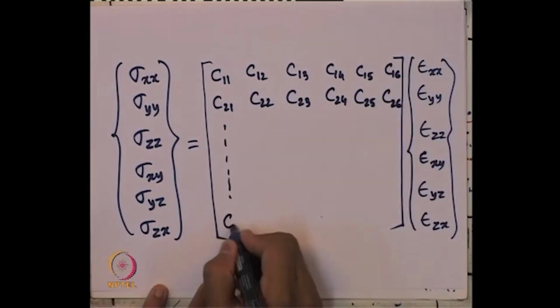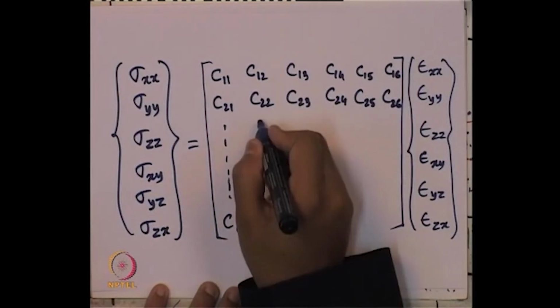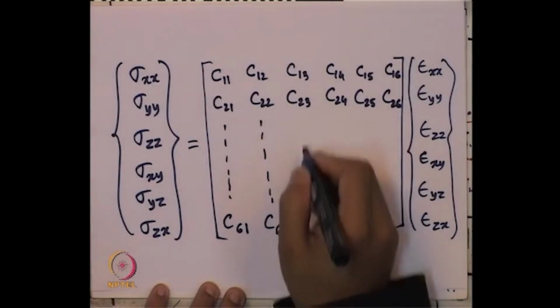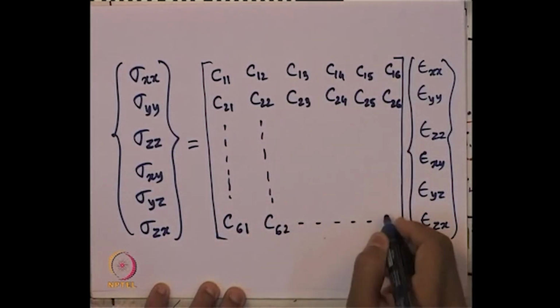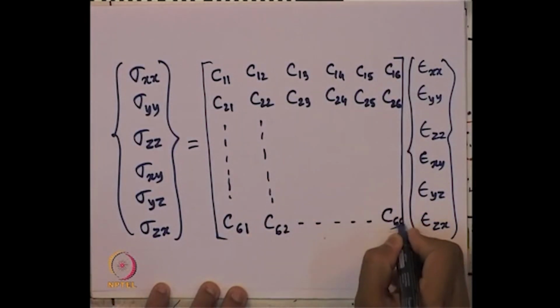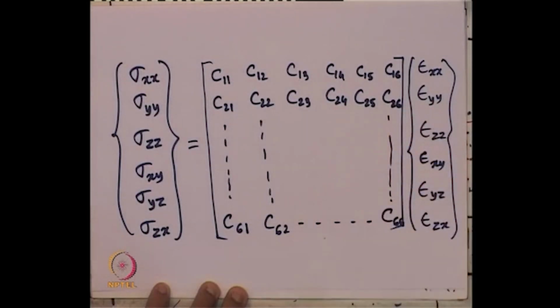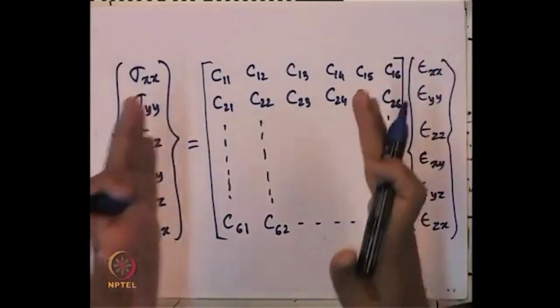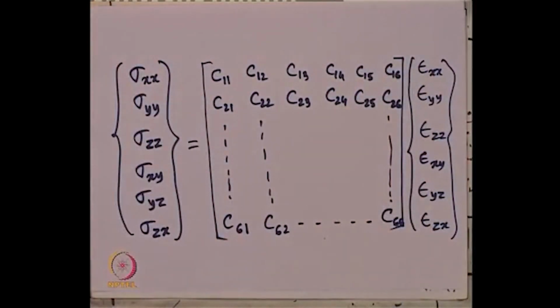This one will be C 61, this one will be C 62, similarly it goes up to C 66, like that. Okay. So, this matrix is nothing but the modulus matrix. So, this stress strain relationship can be expressed through this modulus matrix.